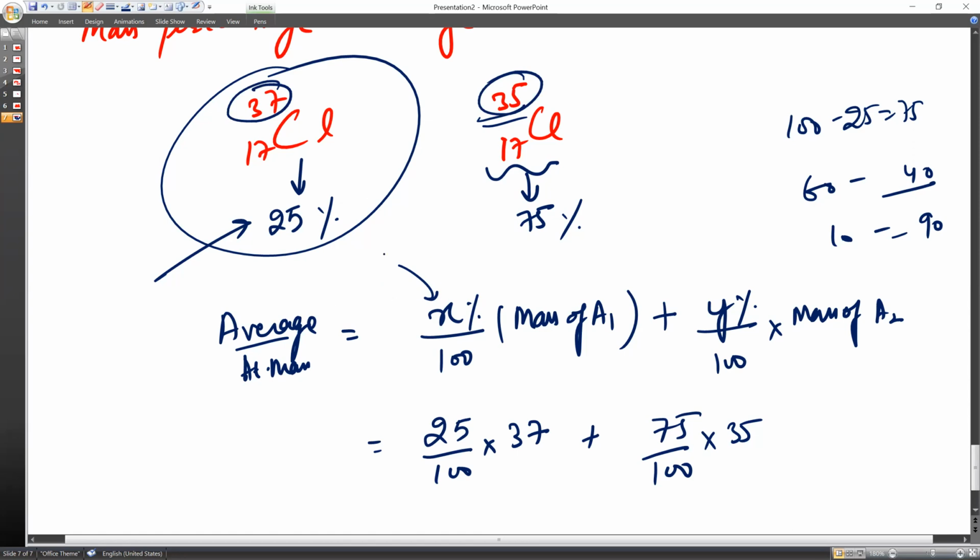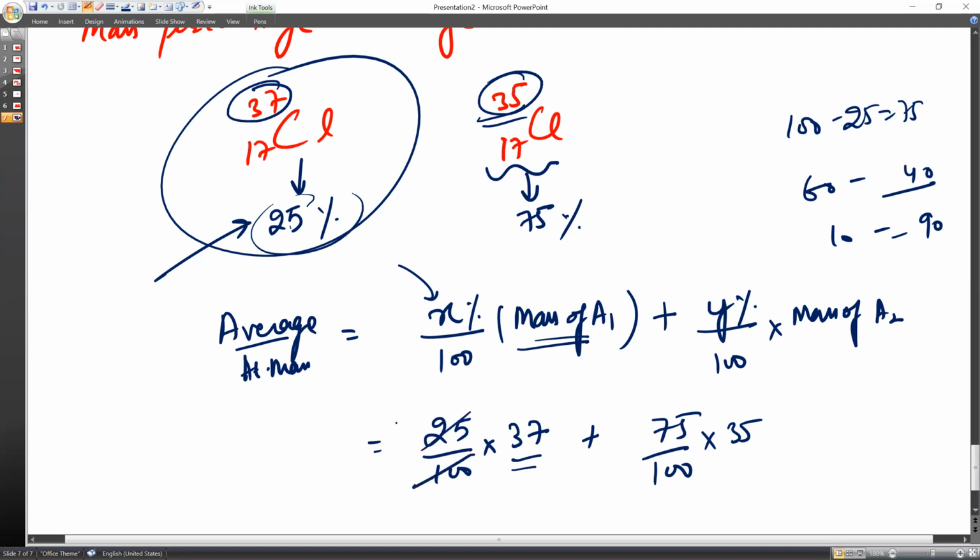If one exists 25% in nature and the other exists 75% in nature, the formula is the percentage of the first one upon 100 into its mass, plus the percentage of the other one, 75 upon 100, into its mass, which is 35. We divide by 100 to remove the percentage.